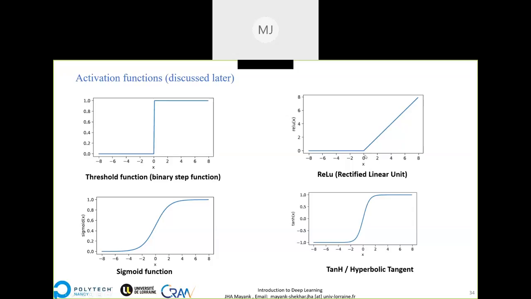Here you see any data which is 0 or positive, more than 0, the output would be the data's value itself, and for any data which is less than 0, the output of the neural network will simply be 0.